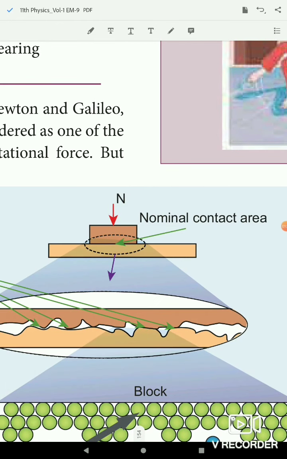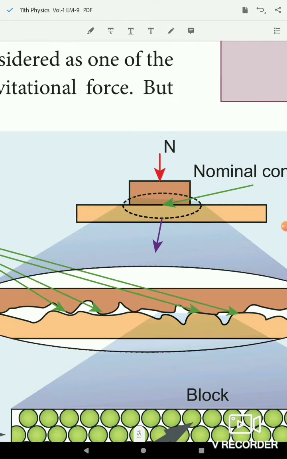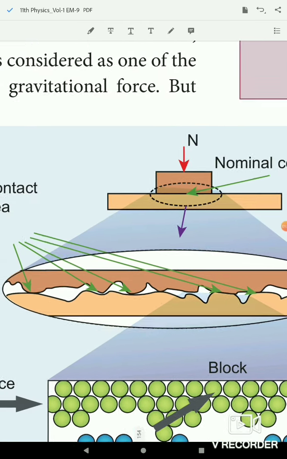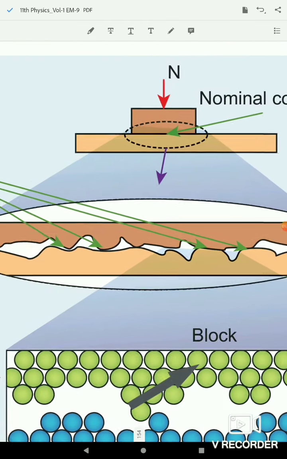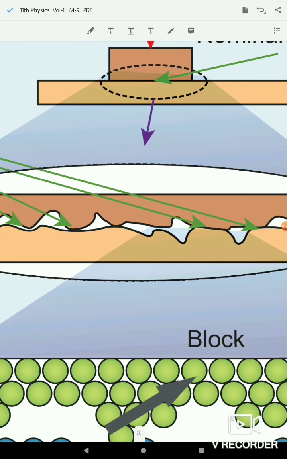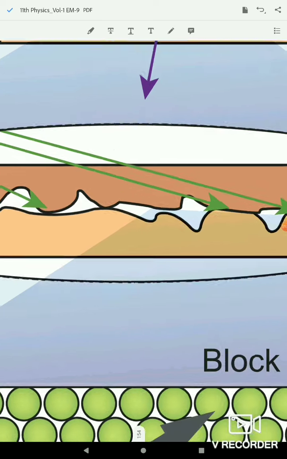With the normal eye we can't see the small atoms, so in a microscope we see this. This is the gap between the two surfaces of the two objects.